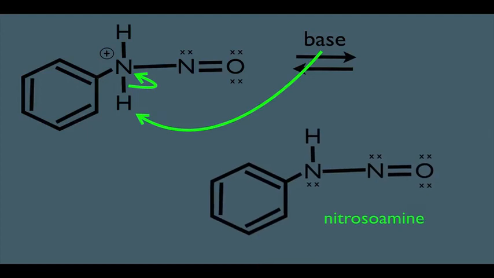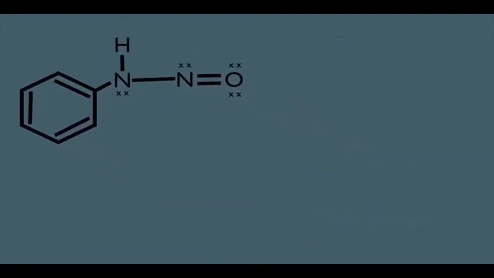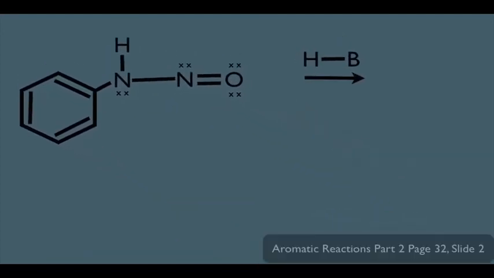And the mechanism keeps going here. At this point, we add an acid. Now careful here, I'm going to be generic. I'm just going to call it HB. Remember, our diazonium reaction is run in HCl, so there's plenty of acid available. And watch what happens here.